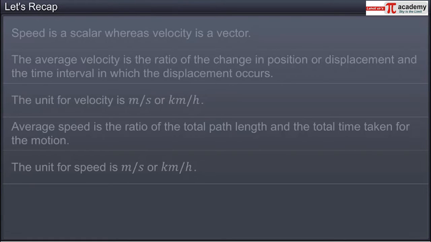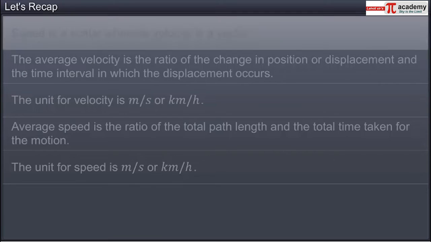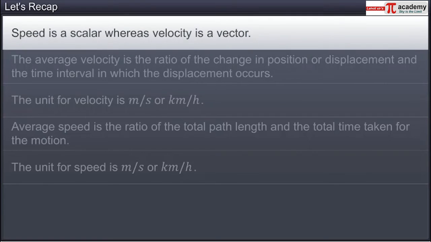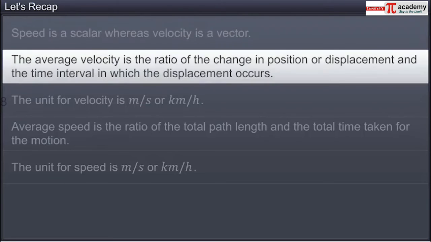You have now reached the end of this module. In this module, you learned that speed is a scalar, whereas velocity is a vector. Average velocity is the ratio of the change in position or displacement and the time interval in which the displacement occurs.